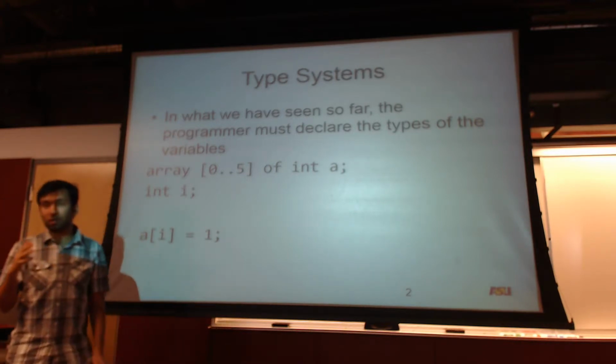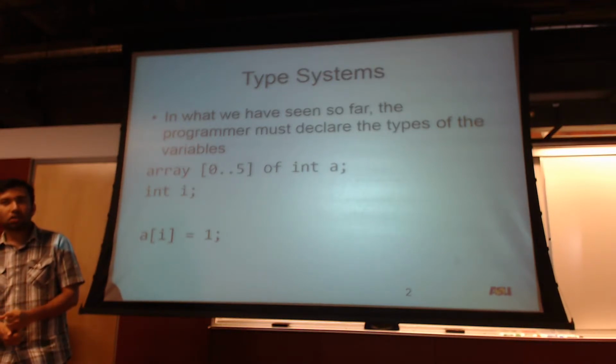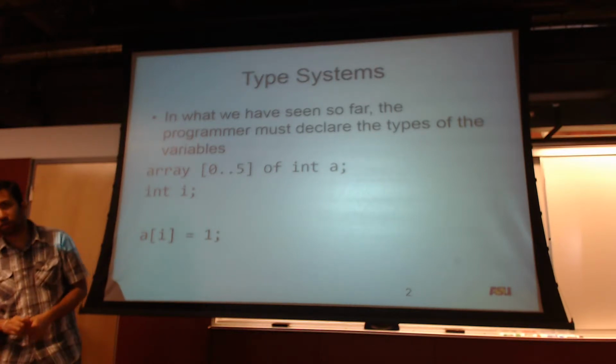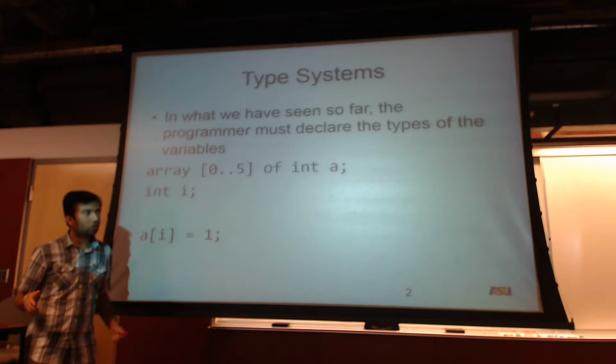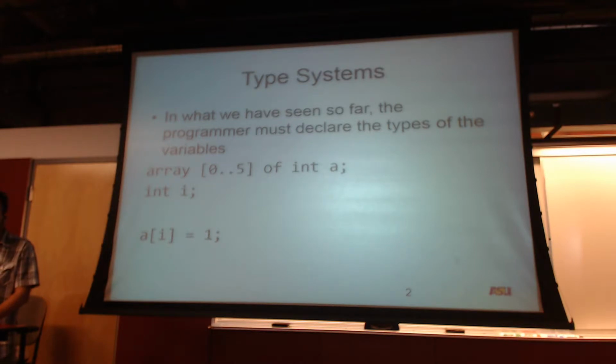Now we come to a very important concept. When we discuss type equivalence, structure equivalence, name equivalence, what did we do? We said that at the beginning of the program you have to declare all the variables, all the types, right? C requires you to do all those things.